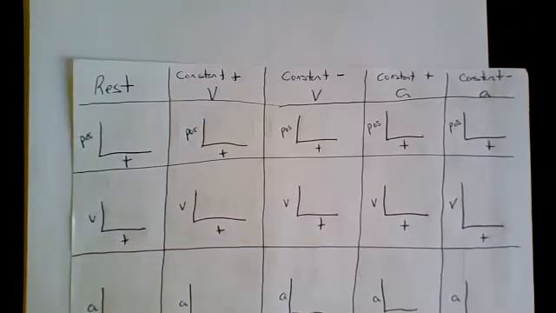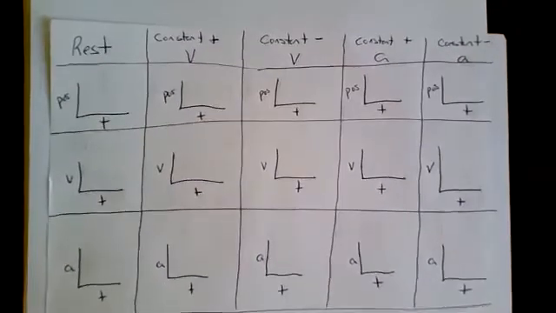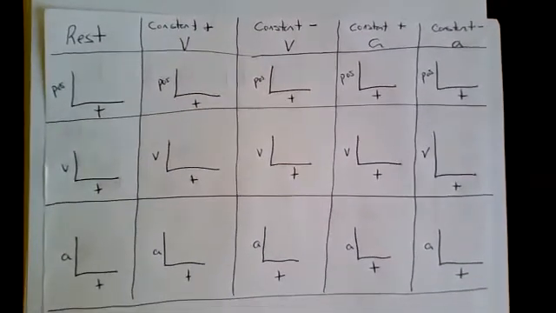All right, welcome back. I'm going to describe what's going on here, and then you may want to pause the video to get your sheet to where mine is right now. As I sketch out these graphs, you can follow along and sketch them yourself.